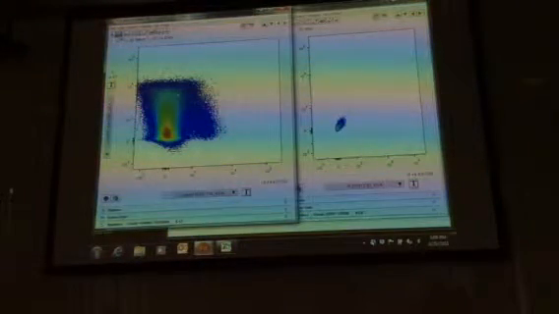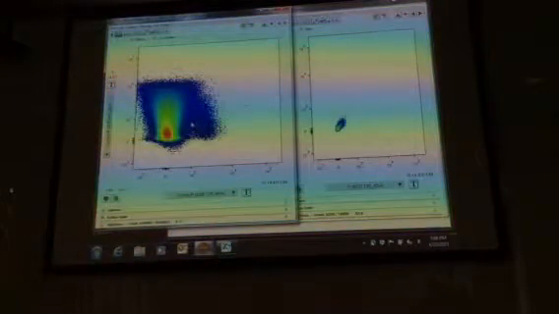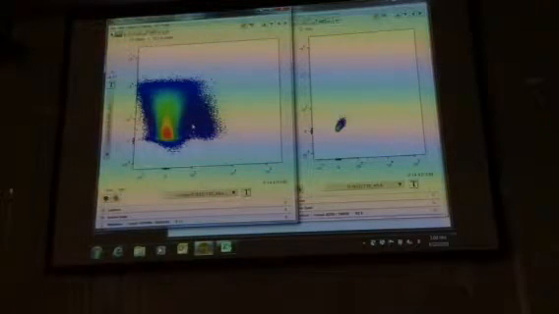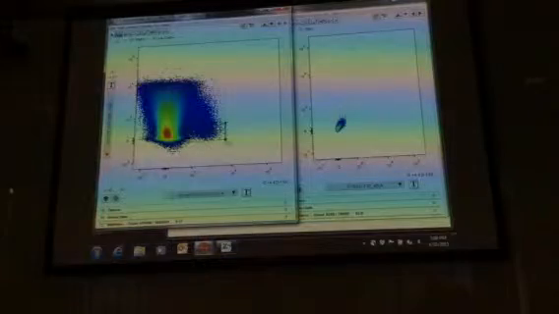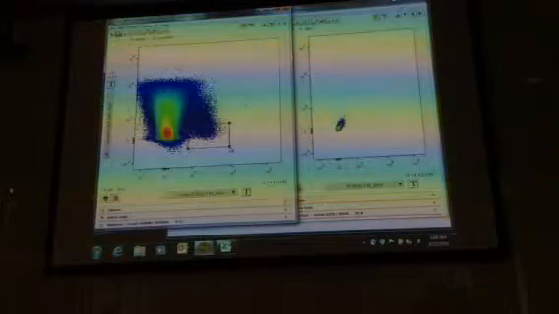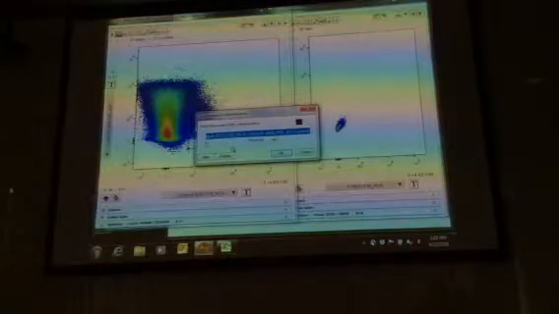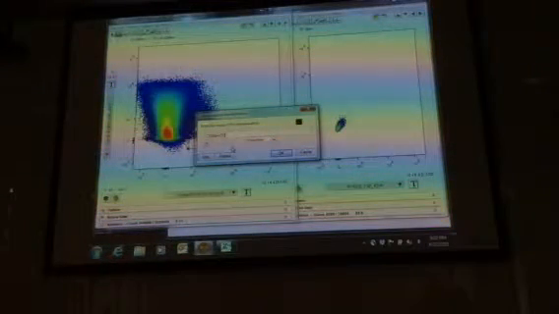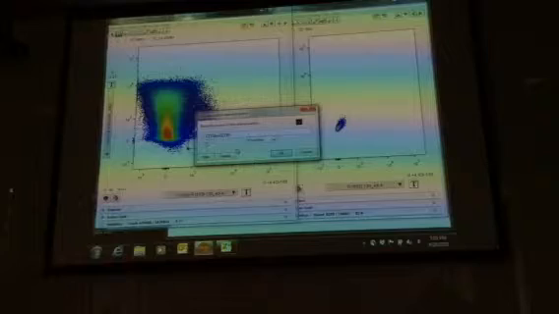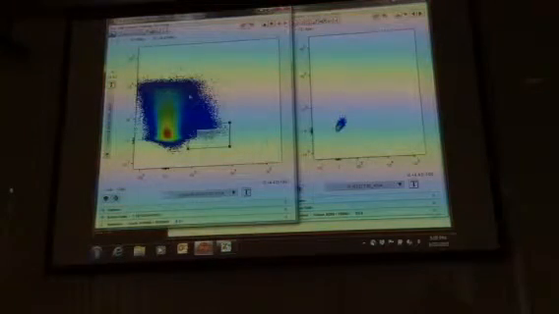If you were to draw the gates, you would maybe say that this is CD34 positive, CD38 negative. Okay.